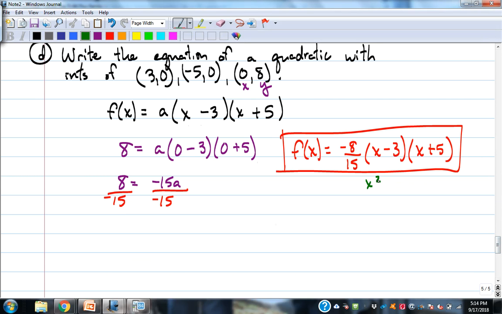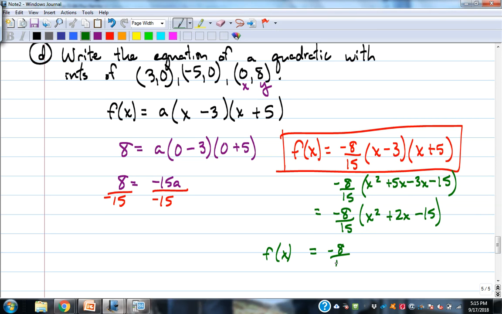X times X is X squared plus 5X minus 3X minus 15. All that times negative 8 over 15. That's going to give me a standard form of negative 8 over 15 x squared minus 16 over 15 x plus 8.